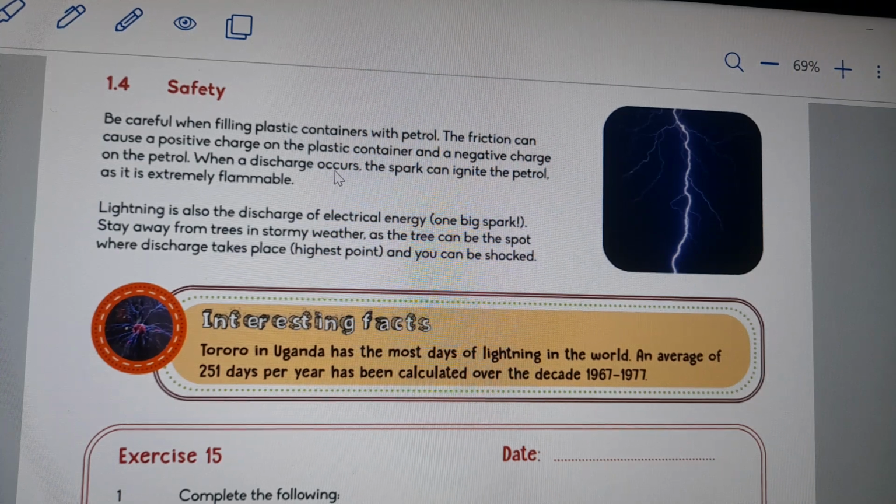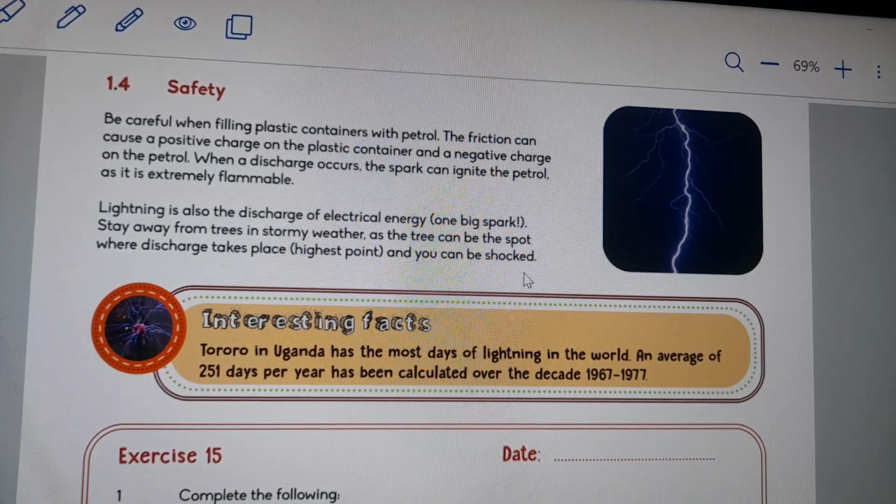When a discharge occurs, the spark can ignite the petrol as it is extremely flammable. Lightning is also the discharge of electrical energy, one big spark. Stay away from trees in stormy weather, as the tree can be the spot where the discharge takes place, which is the highest point, and you can be shocked.